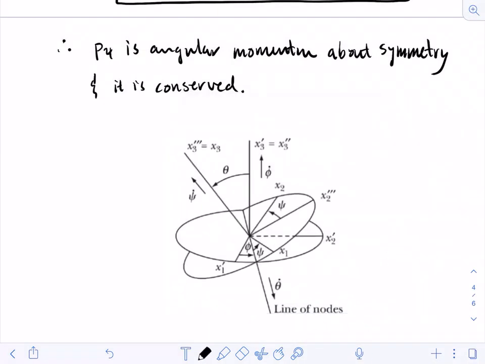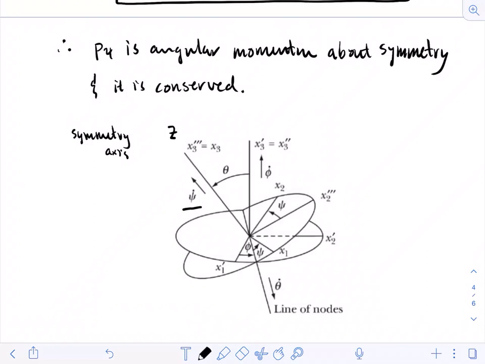And so here is our z-axis, which is our symmetry axis. And notice that phi dot, this angular velocity, is along that axis.